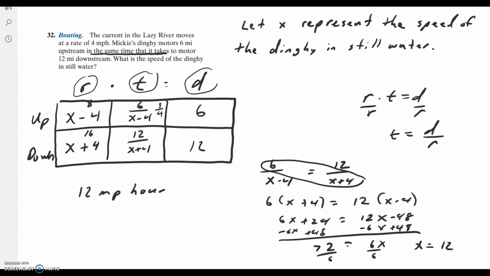That's 3/4 of an hour. Putting in 12 here, we get 12 over 16. That's 3/4 of an hour. So the hours are the same, which we thought. And 8 times 3/4 is 6. And 16 times 3/4 is 12. So 12 miles per hour checks.